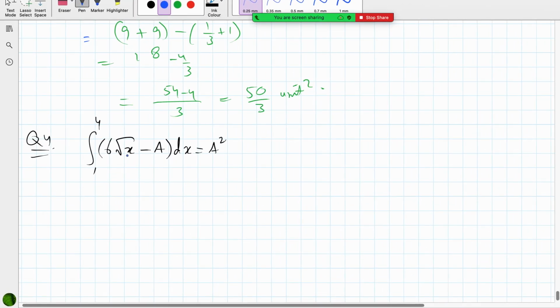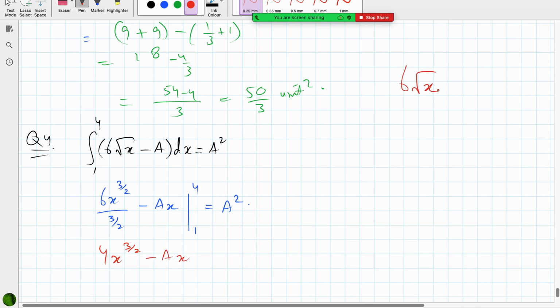So when we integrate it, may I say this is 6x to the 3 by 2 over 3 by 2 minus ax, limits 1 to 4, is equal to a square. Any issue in this first step? And then simplifying.